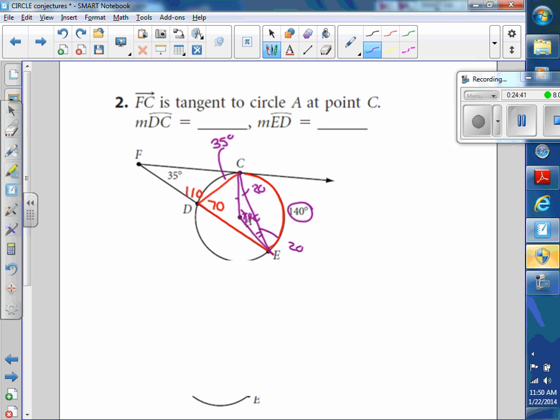Say it again. You add 20 and 35 and then subtract that from 180 and you'll get the missing piece there.